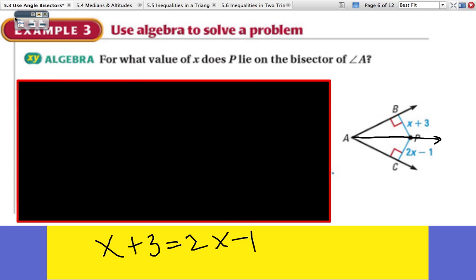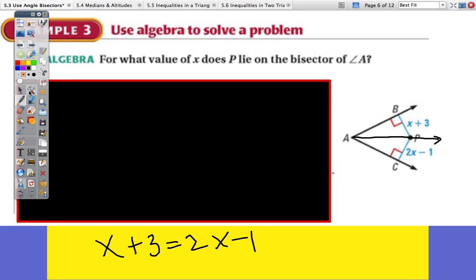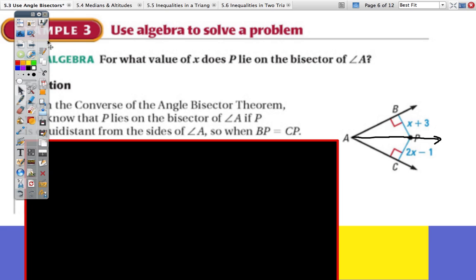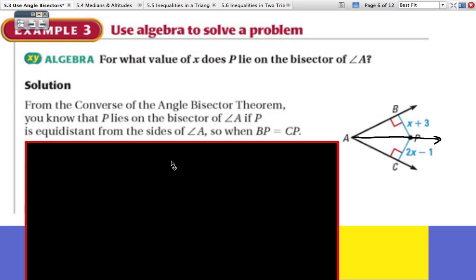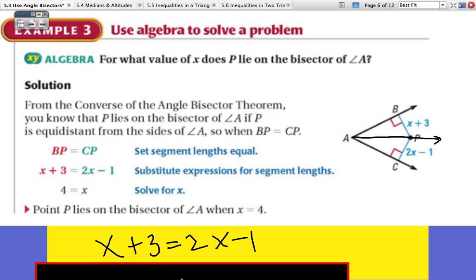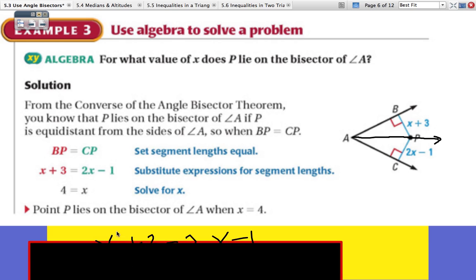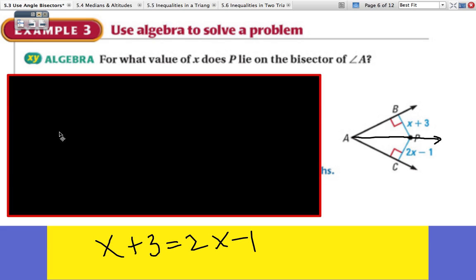So let's check out the solution. From the converse of the angle bisector theorem, you'd have to set them equal to each other. You move the x over and the 1 over, and you get x equals 4. Perfect.